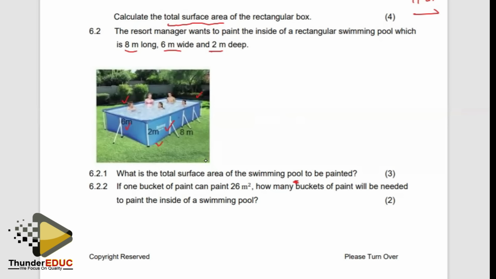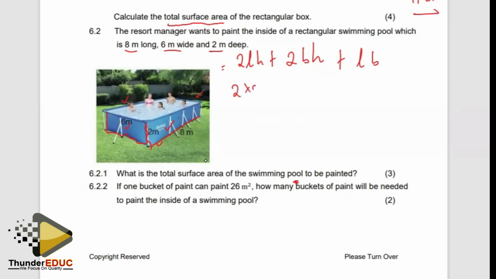Which means it's going to be twice length and height, this and that, plus twice breadth and height for this one here. And then there's just going to be 1 length and breadth, which is the bottom; the top one won't be painted.